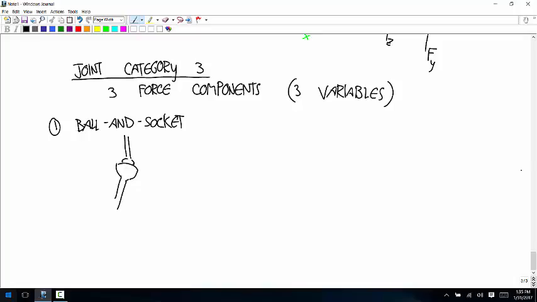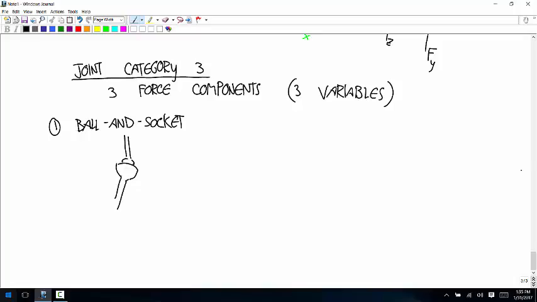So here's a 3D printed ball and socket joint. Can you tell what's going on there? So this allows rotation about this axis, rotation about this axis, rotation about this axis, I like swiveling it. So no couples are applied.